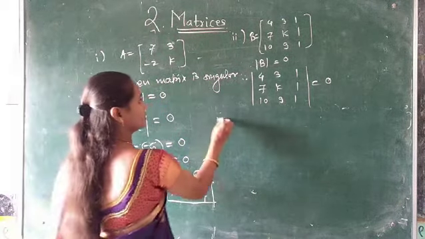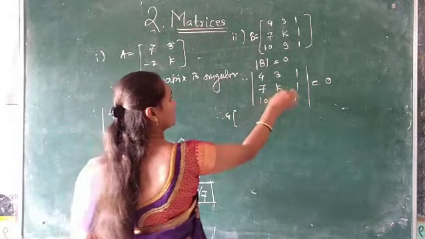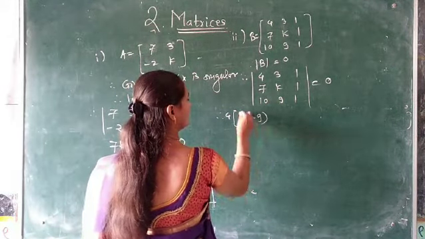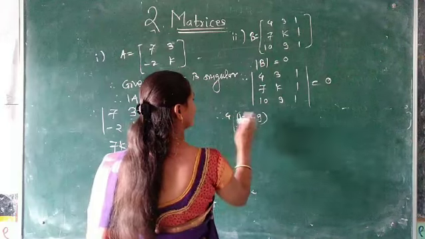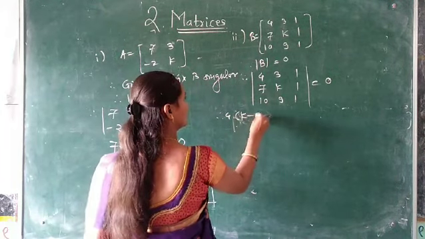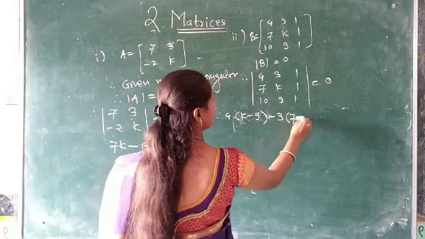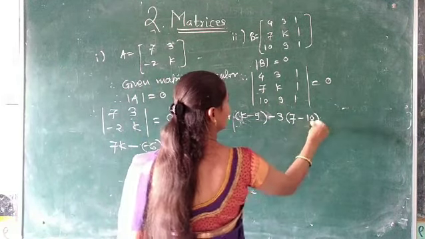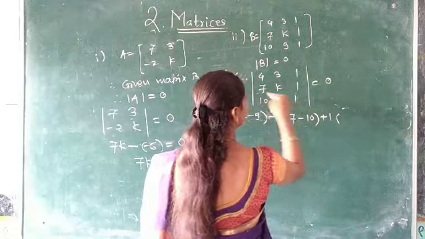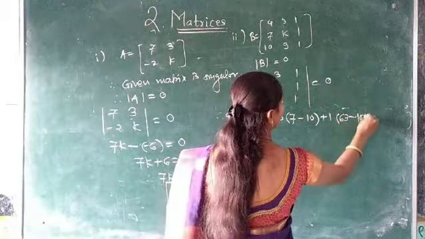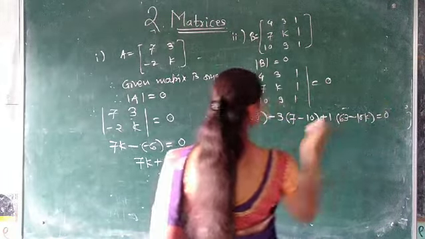Now solve. Therefore, 4 into K into 1, K, minus 9 into 1, 9. 4 into K minus 9, minus 3 into 7 into 1, 7, minus 10 into 1, 10, plus 1 into 7 nines are 63 minus 10K is equal to 0.